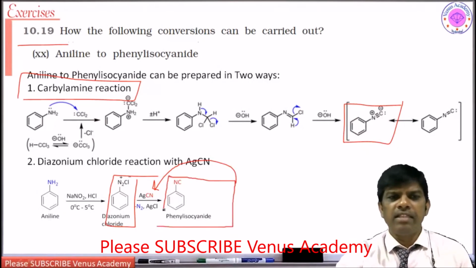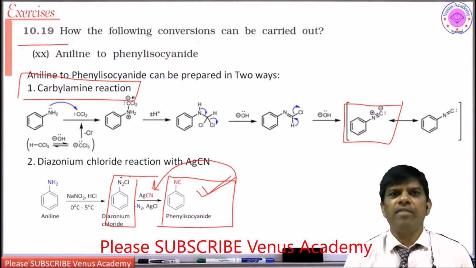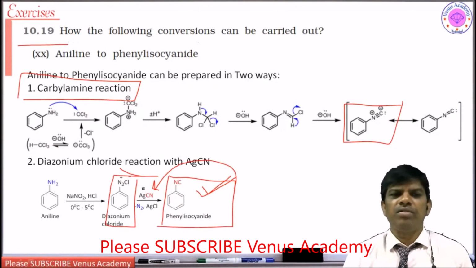So this answer is the correct answer compared to the other. The carbylamine reaction is also one way to prepare isocyanate, but the use of chloroform and KOH is less convenient; it is easier to use silver cyanide, with better yields. So the correct answer is this. However, you can make isocyanate by this route also.